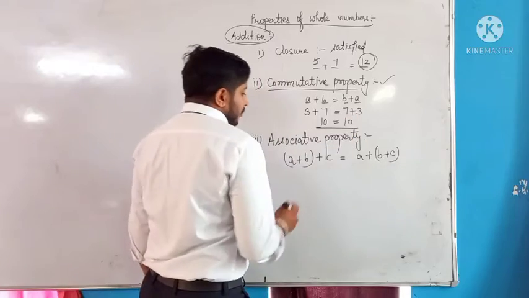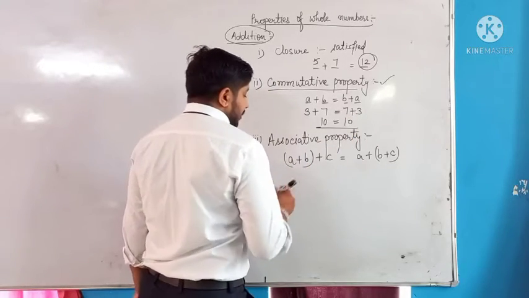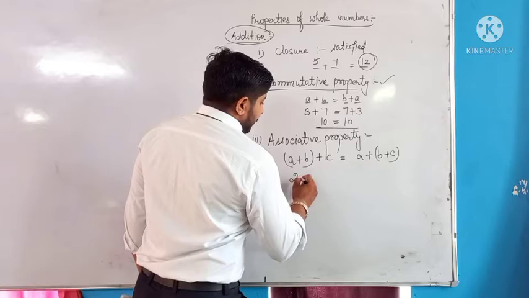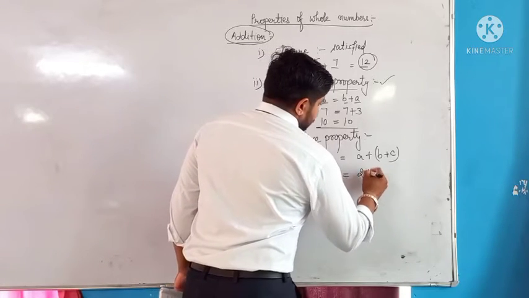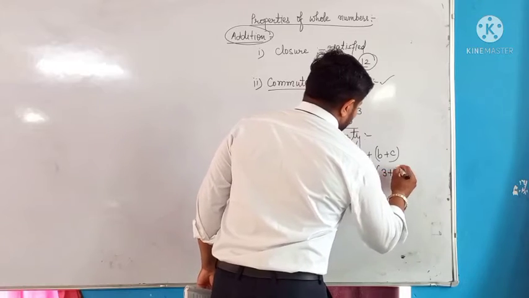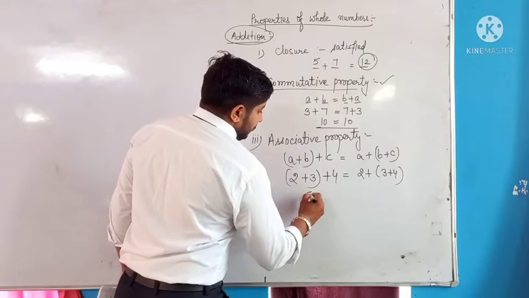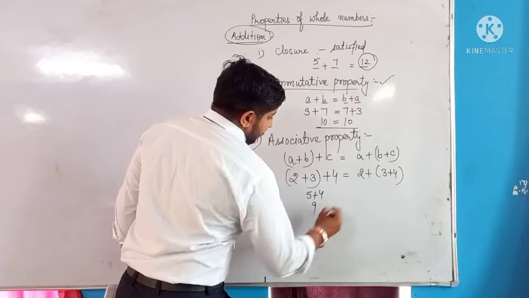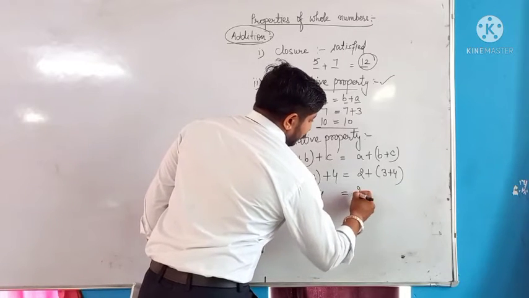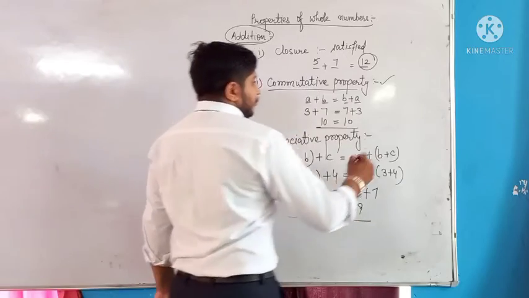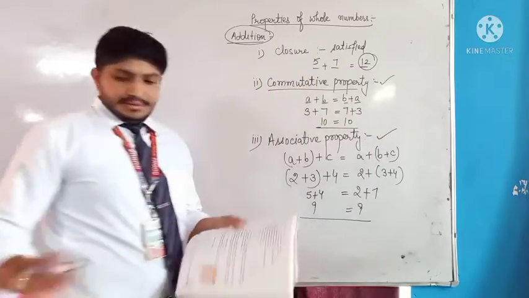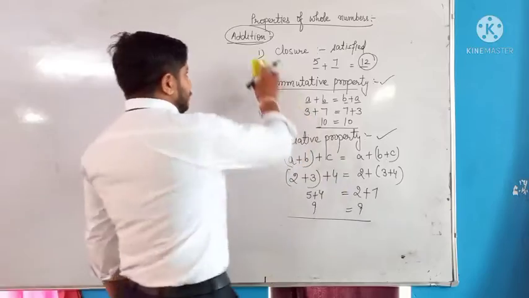You will take any value of a, b and c, but you will take whole numbers. If we take 2 plus 3 plus 4, then 2 plus 3 is 5, 5 plus 4 is 9, and here 3 plus 4 is 7 and 7 plus 2 is 9. Means this property is also satisfied.